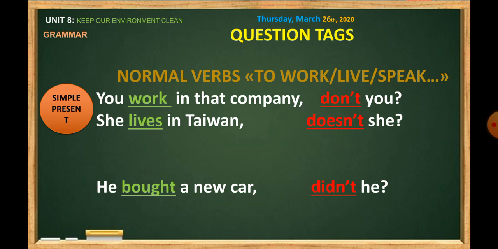She lives in Taiwan doesn't she. اوكي هاد الشيء الا كان الفعل هذاك الفعل normal verb مصرف في simple present. الا كان مصرف في simple past if the verb is in the simple past like the verb to buy. He bought a new car. Didn't he? إذا إلا كان الفعل مصرف في simple past كنستعملو في الكويشن تاغ didn't.